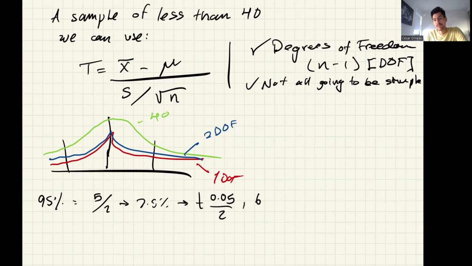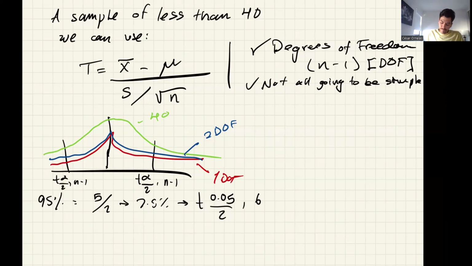You know the degrees of freedom by subtracting 1 from n, the number of values in the sample. This formula is repeated for the lower and the upper position. So it's T with alpha, 0.05, over 2, and the DOF n minus 1, and the same for the lower position.